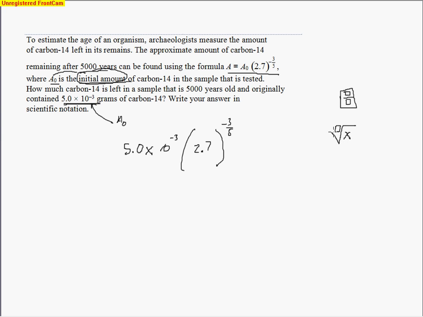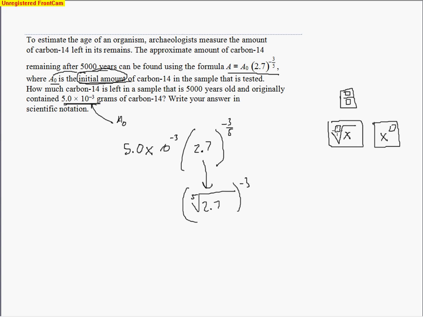So you can use a button that looks like this in conjunction with a button that looks like this, and those two would give you this value right here. You could break this into that radical form, find the 5th root of 2.7, and then raise that to the negative third power.